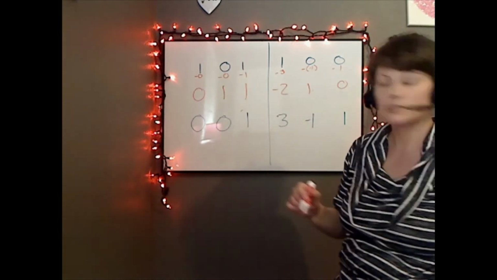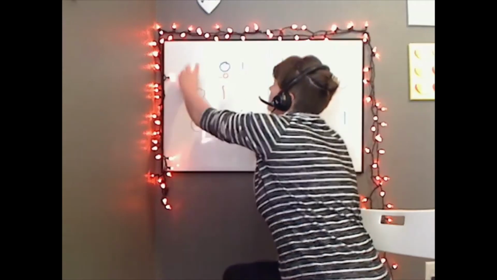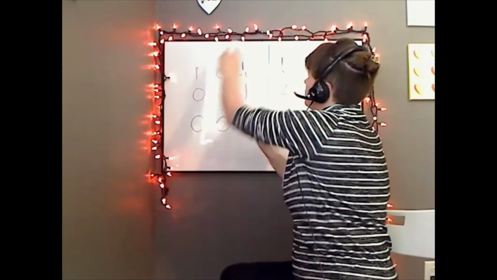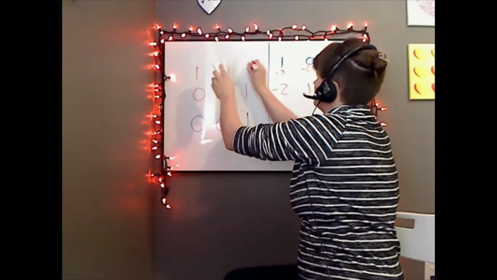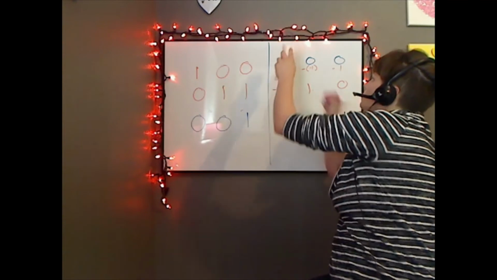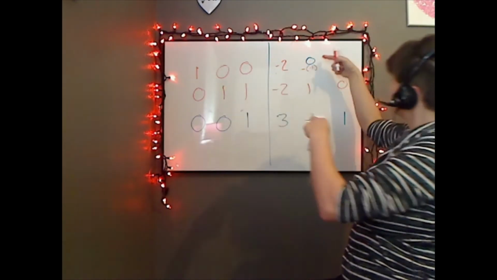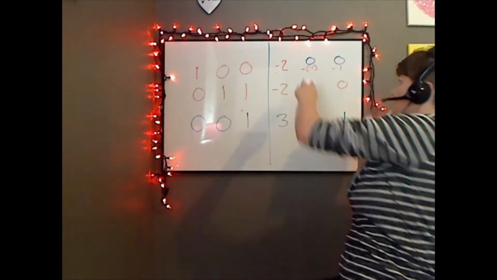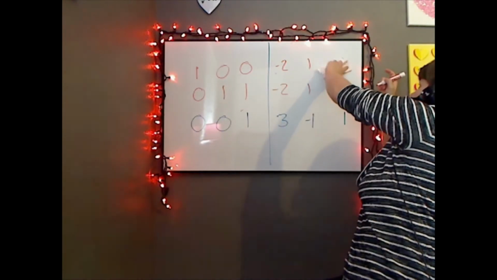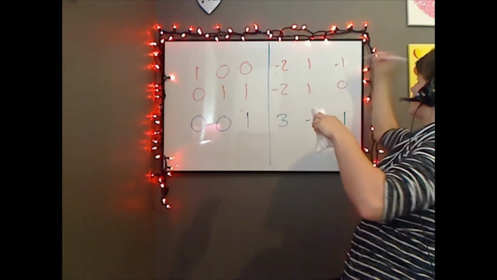So 1 minus 0 is 1, 0 minus 0 is 0, 1 minus 1 is 0. 1 minus 3 is negative 2. 0 minus negative 1, that's like 0 plus 1, so it's 1. And 0 minus 1 is negative 1.